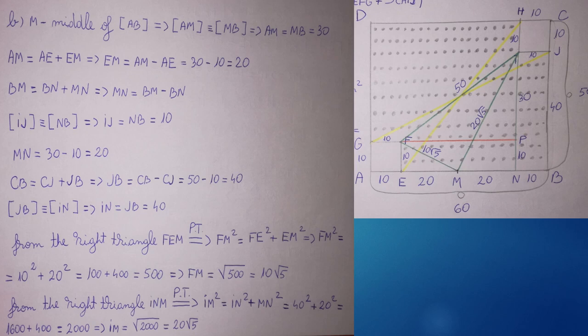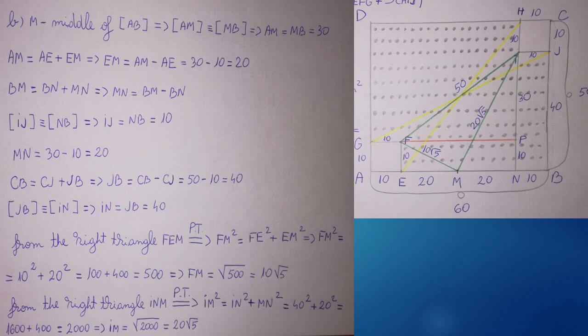So FM squared is equal to 10 to the power of 2 plus 20 to the power of 2, which is equal to 100 plus 400, which is equal to 500. So FM is equal to the square root of 500, which is equal to 10 times square root of 5.